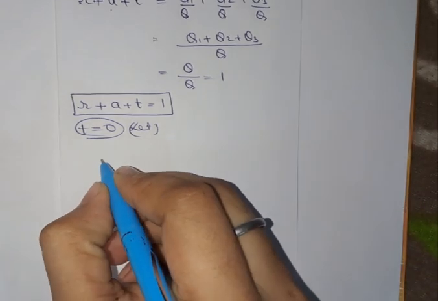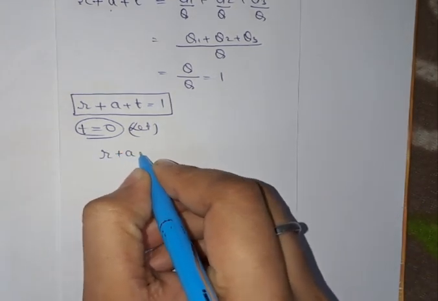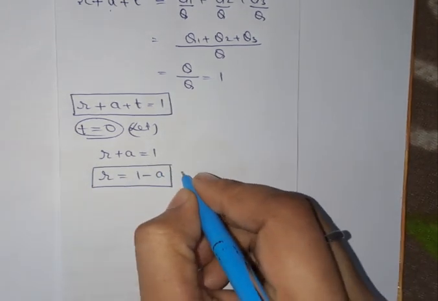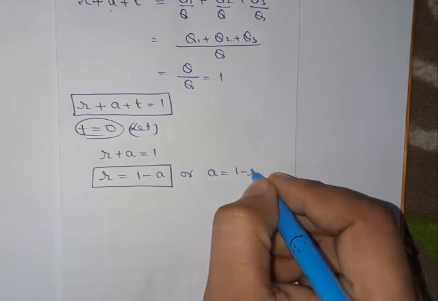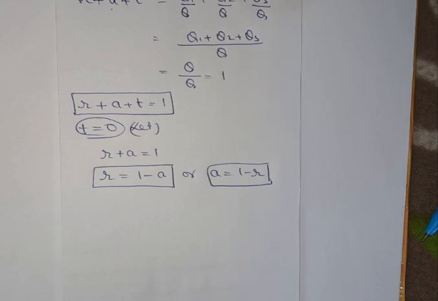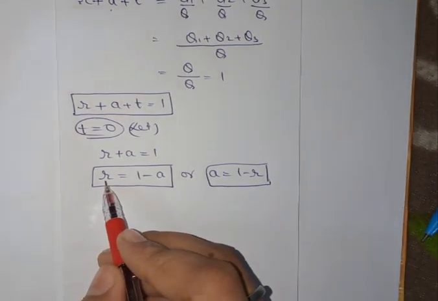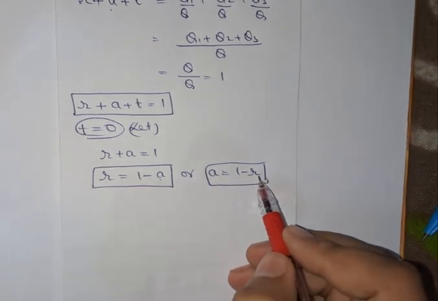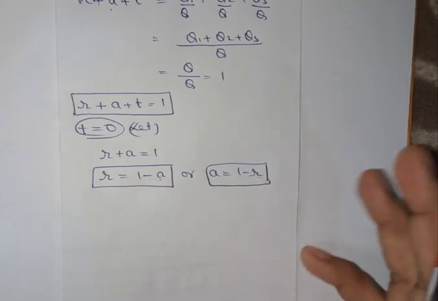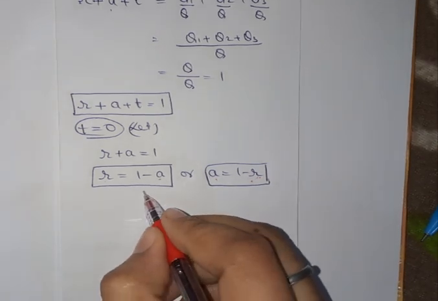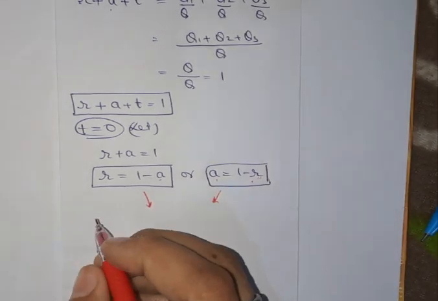So under such a condition, R plus A is equal to 1, that is R is equal to 1 minus A, or A is equal to 1 minus R. Now this suggests that if the value of R is higher, then A is lesser, and if A is higher, then R is less.